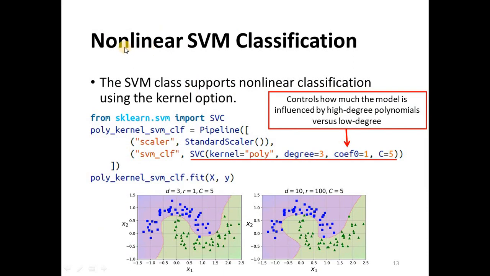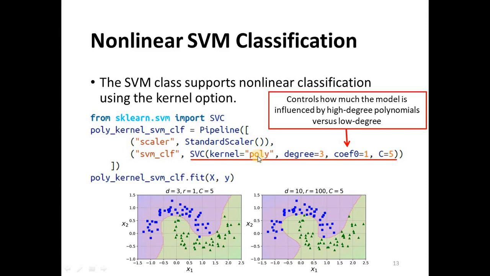Also, there is nonlinear SVM classification. The SVM class from scikit-learn supports nonlinear classification using the kernel option. Using the kernel option, you can specify the type of nonlinear classification you want to do.